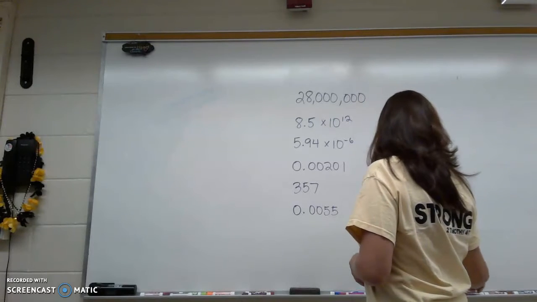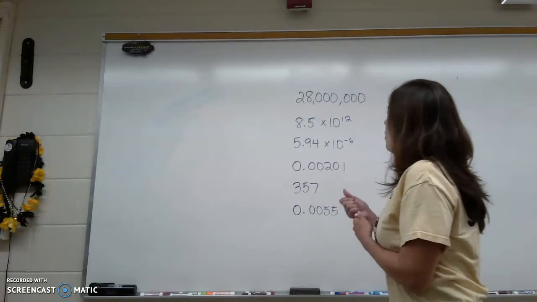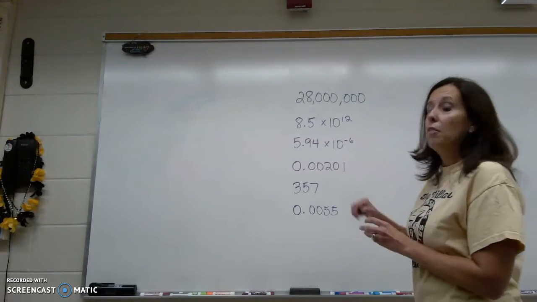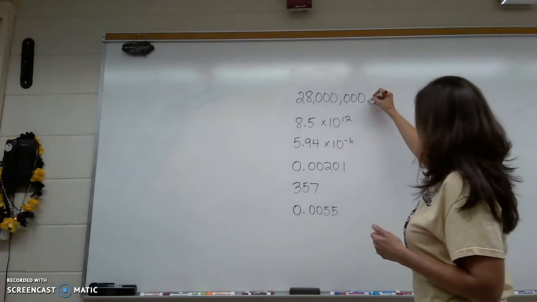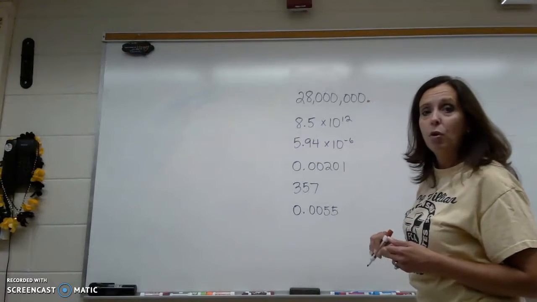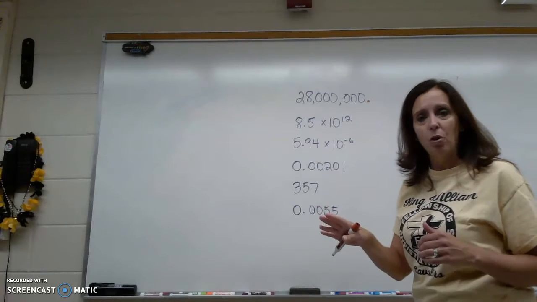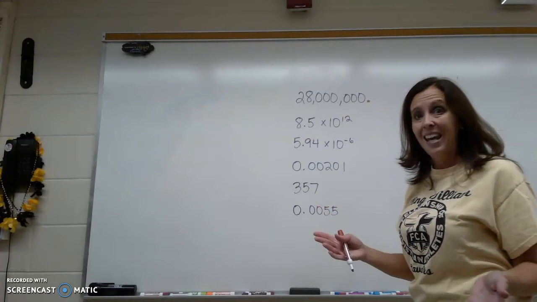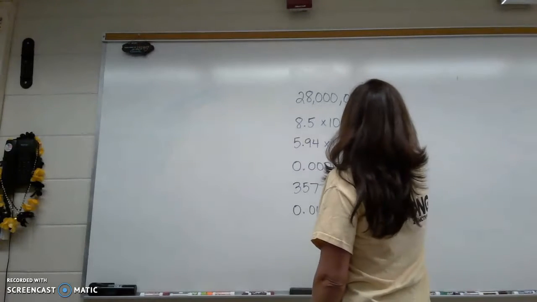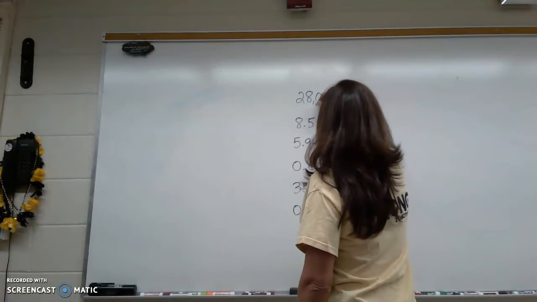So, for instance, okay, you have this big number here. There's no decimal. So the first thing I do is write a decimal in. And then I'm going to move that decimal until I reach a number that falls between 1 and 10. So, bloop, bloop, bloop, bloop, bloop, bloop, bloop.